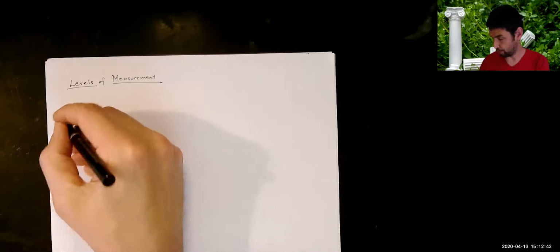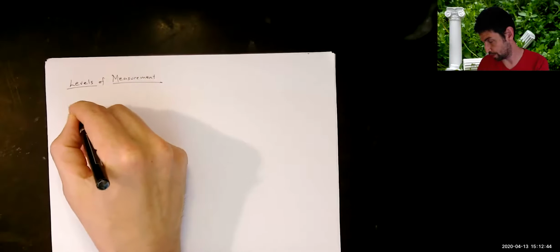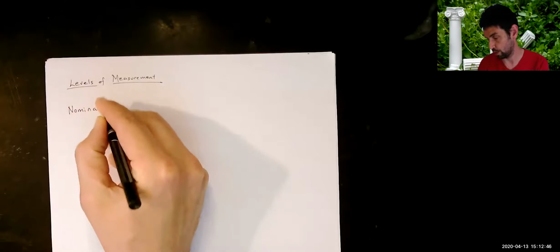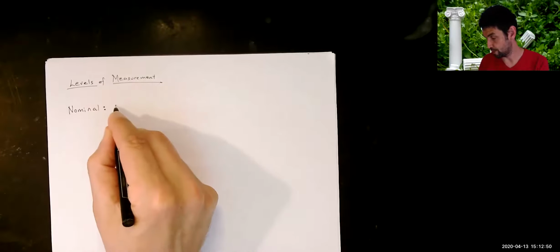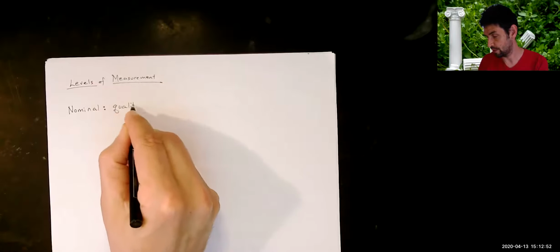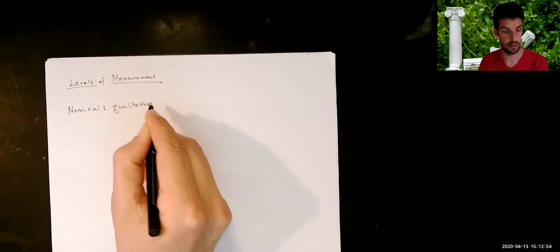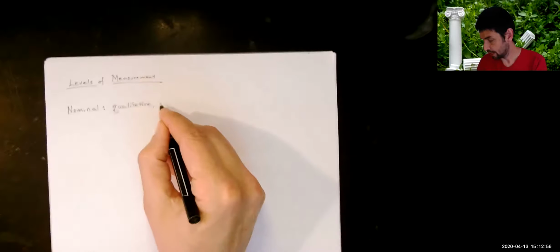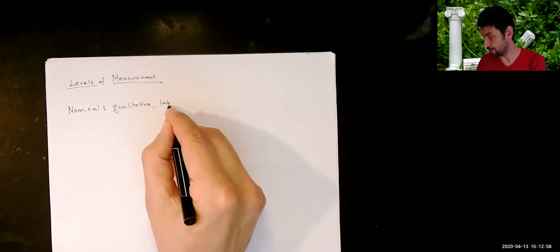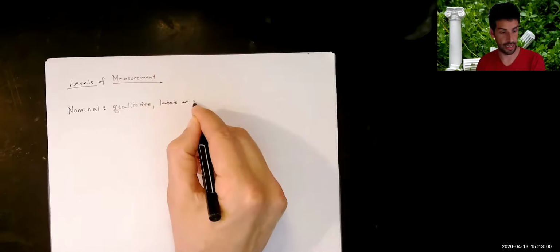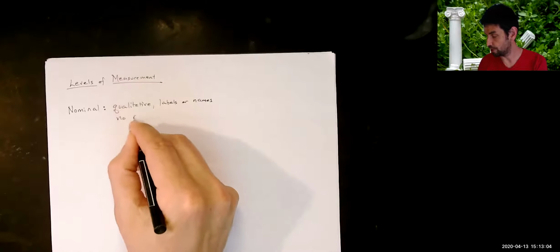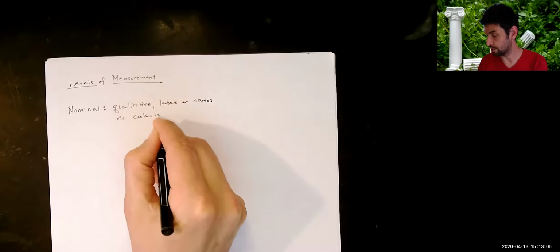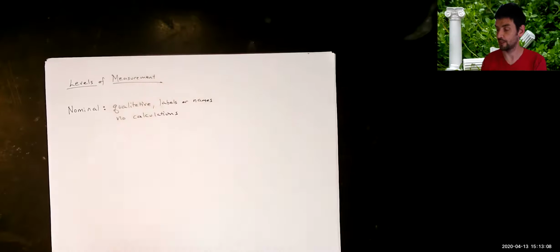So we're going to start with what is called nominal data or a nominal measurement, right? This is going to be qualitative, and it's only going to be labels or names, right? No calculations, right? We can't take these things and calculate them, okay?